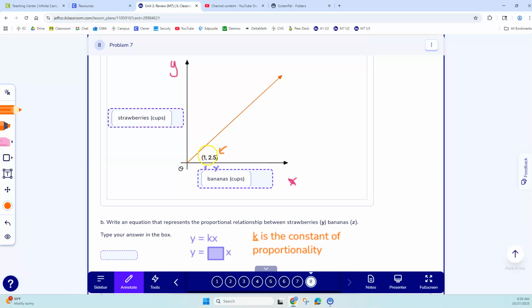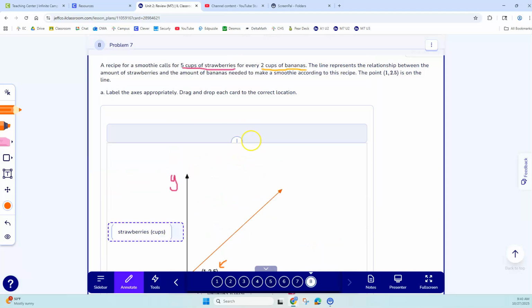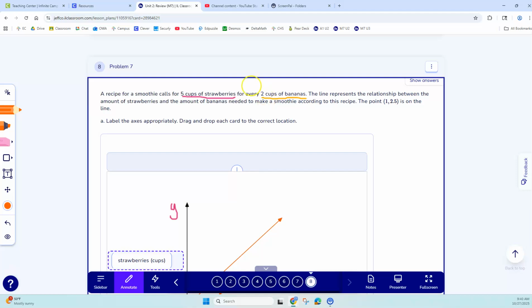When you've got 1 here in the X, the Y value, if it's a proportional relationship, tells you the constant of proportionality. So every 1 cup of bananas, you're going to put in 2.5 cups of strawberries, like it gives us up here. 2 cups of bananas is 5 cups of strawberries. 3 cups of bananas would be 7.5 cups of strawberries. That's a lot of strawberries.